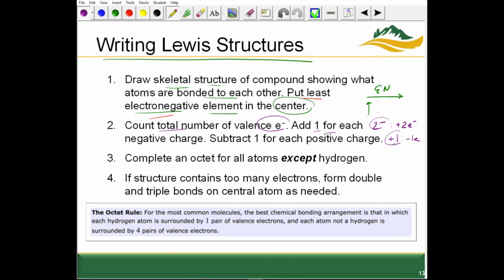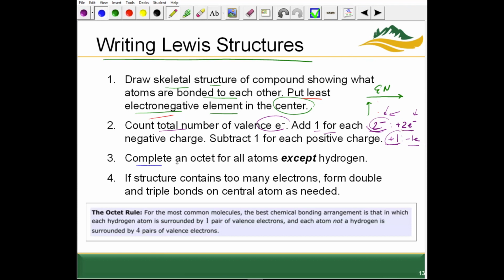So we need to watch out if it's a non-neutral molecule or compound or ion, then we'll either need to add electrons if it's a negative charge or take electrons away if we see a positive charge. That's because electrons themselves are negatively charged. Additional electrons will cause a neutral atom to gain that negative charge, like we know for anions.